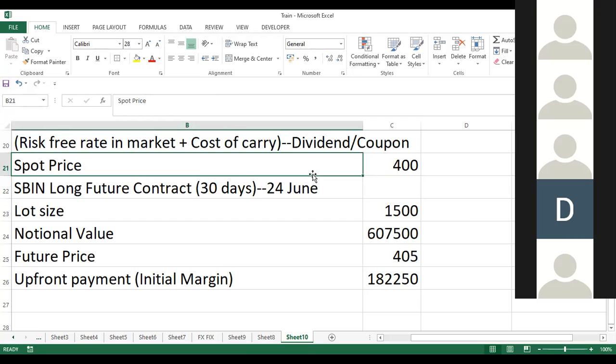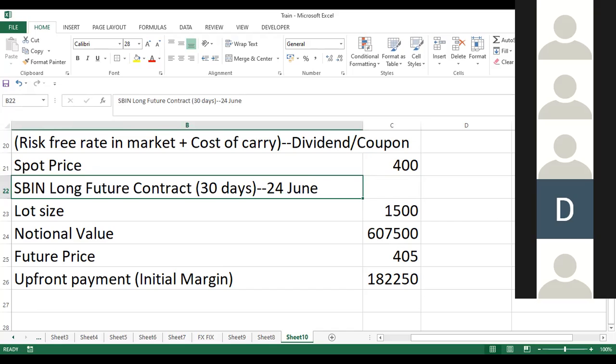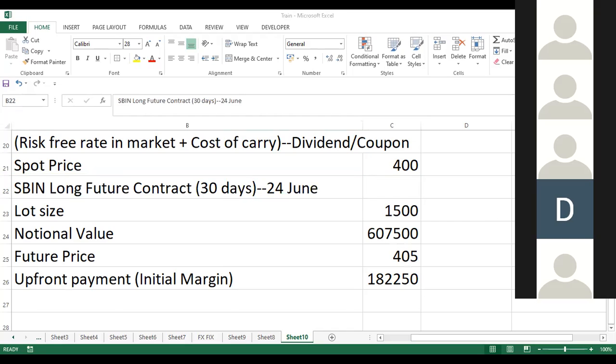Because settlement always happens on the last Thursday of the month. 24th is the last Thursday of June. In India, the settlement is always on the last Thursday of the month.